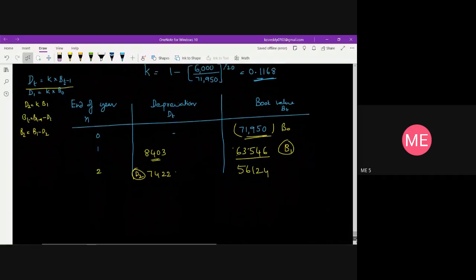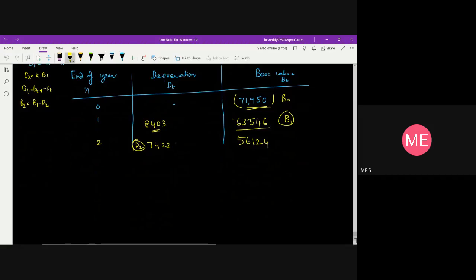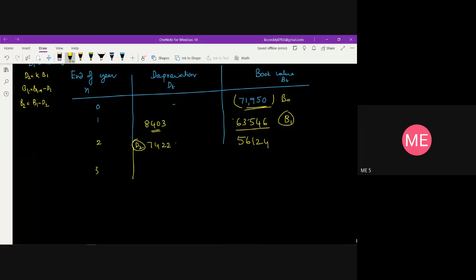For year 3, we are going to get around 6,555, and then one more we are going to get as 49,569. Then for the end of the fourth year, we are going to get 5790, and then this will become 43,779, that is this minus this.